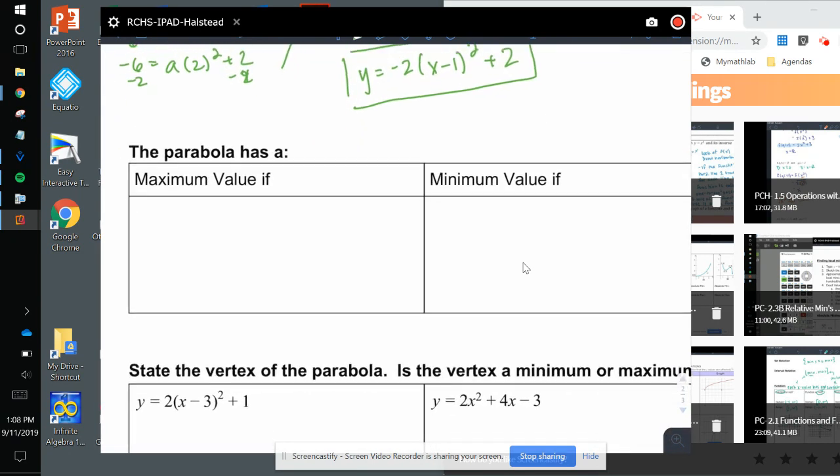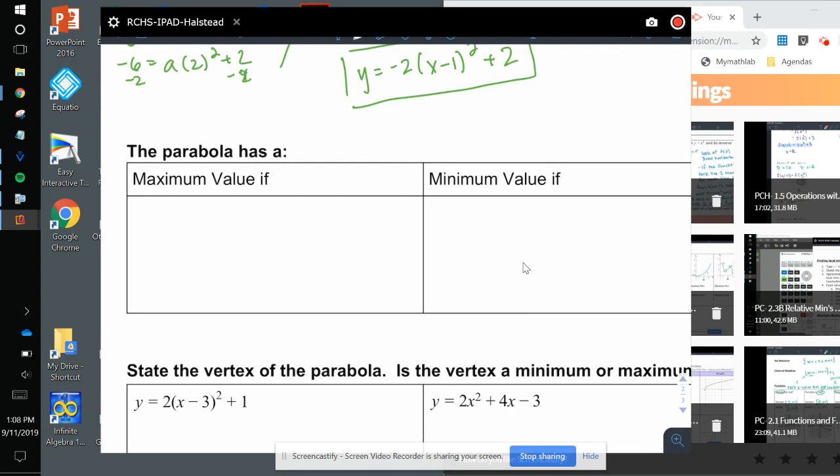All right, minimums and maximums. A parabola has a minimum, so it looks like that, or a maximum if it looks like this. We call this concave up, and this is concave down. Frown, and this is smile.